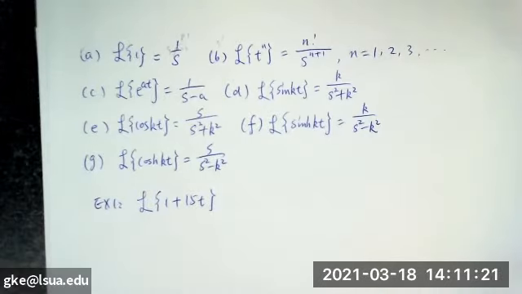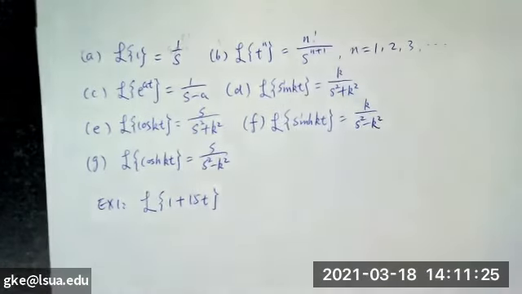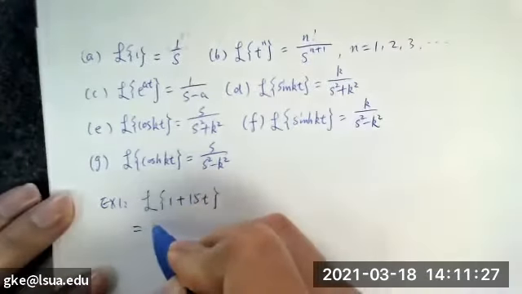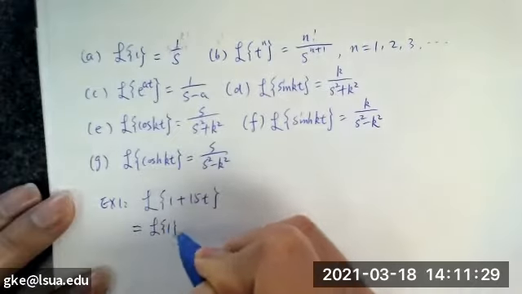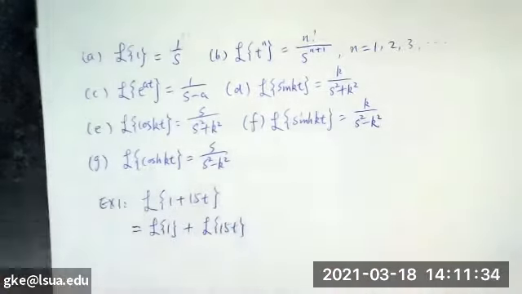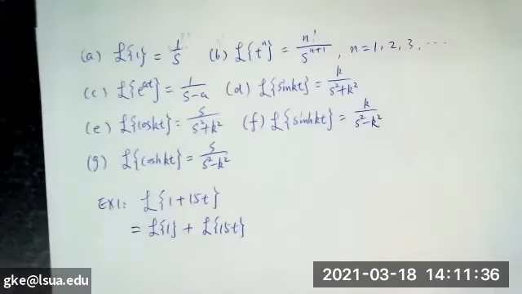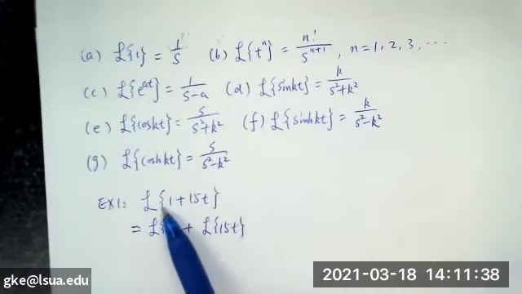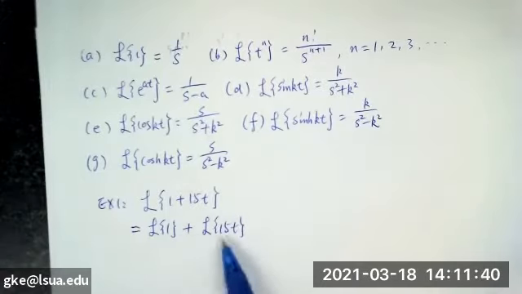Okay, I'm gonna write down the answer on the board. Let's take a look. For this example, we can write it down like that. We'll follow the sum rule and split this function into two functions. One, plus the Laplace transform of 15t.